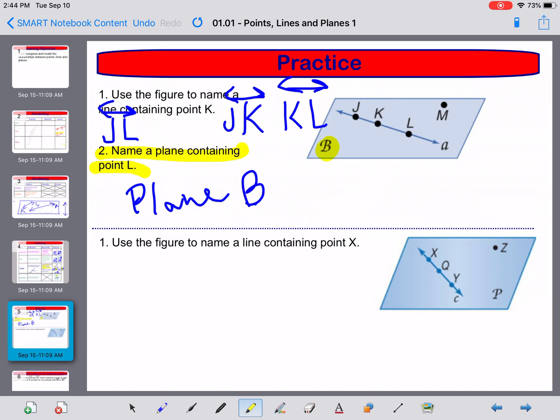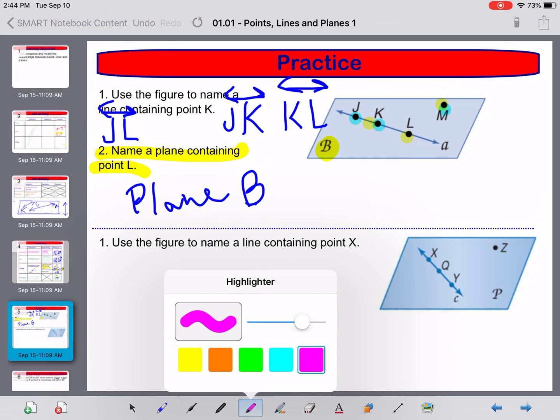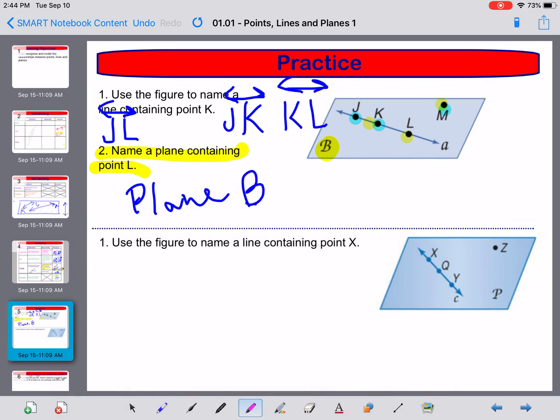Now the big thing is that they're non-collinear, which means that all three can't be on the same line. So anything with M, so M, L, K, or I could use K, J, M. The only thing I couldn't do, which would be bad, would be J, K, L, and that's because they're collinear, and that won't work.